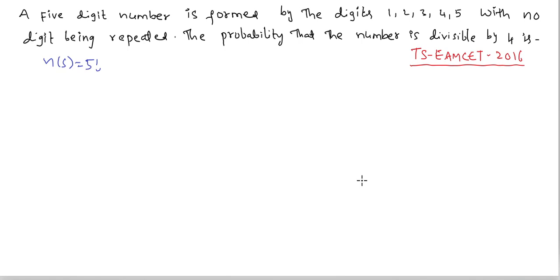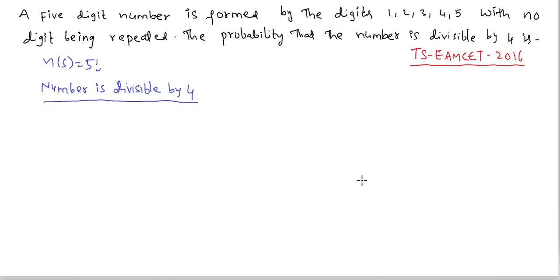So the number is divisible by 4. That means the last 2 digits must be divisible by 4.